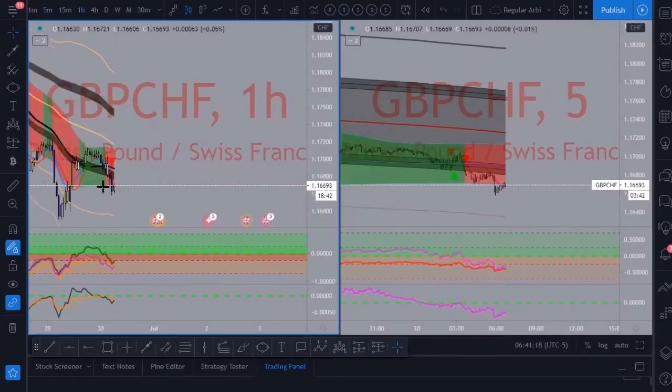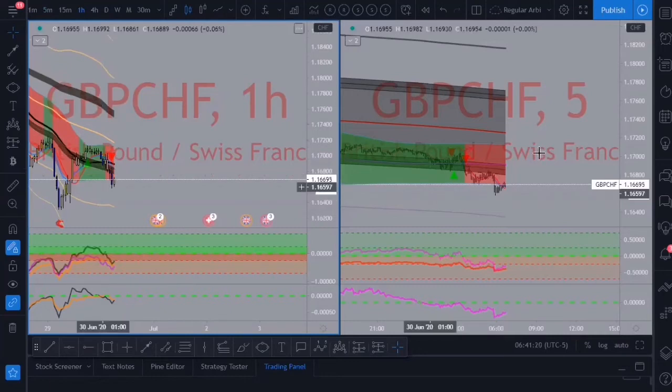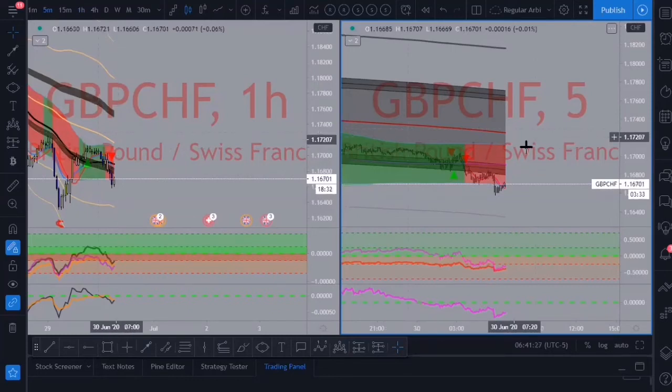So if you are a GPCHF trader, I would just set an alert for a buy and just wait for that to happen, which, I mean, you know what? Because I want to see how many pips from here to up there. At 78, yeah, why not? Set up an alert on a 5-minute.